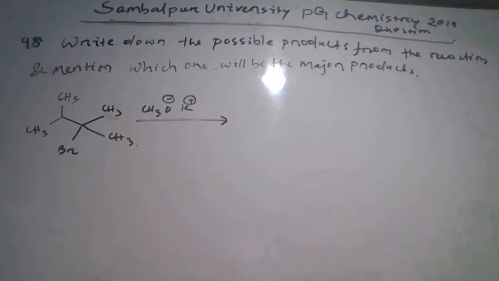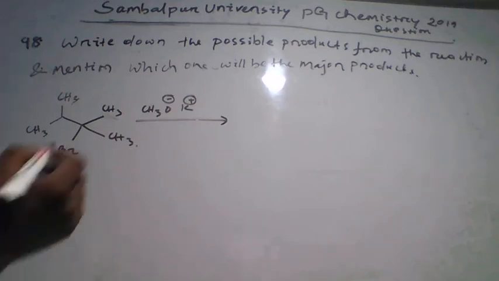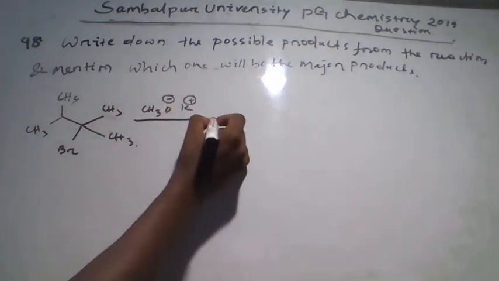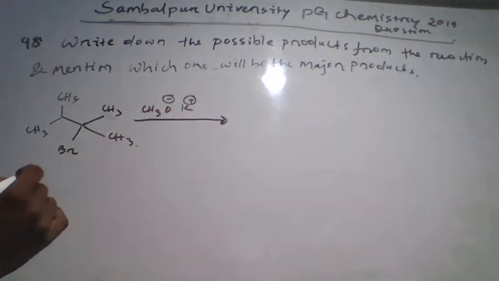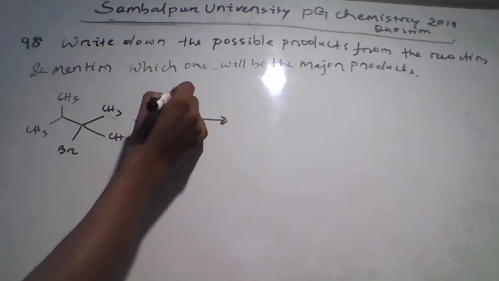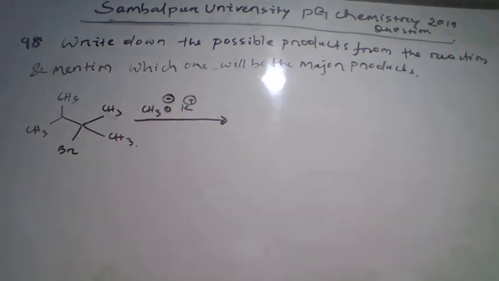See here, the next question. Write down the possible products from the reaction and mention which one will be the major product. Here, see, it is given this as a reactant, and this is your base. This is potassium methoxide, your base.